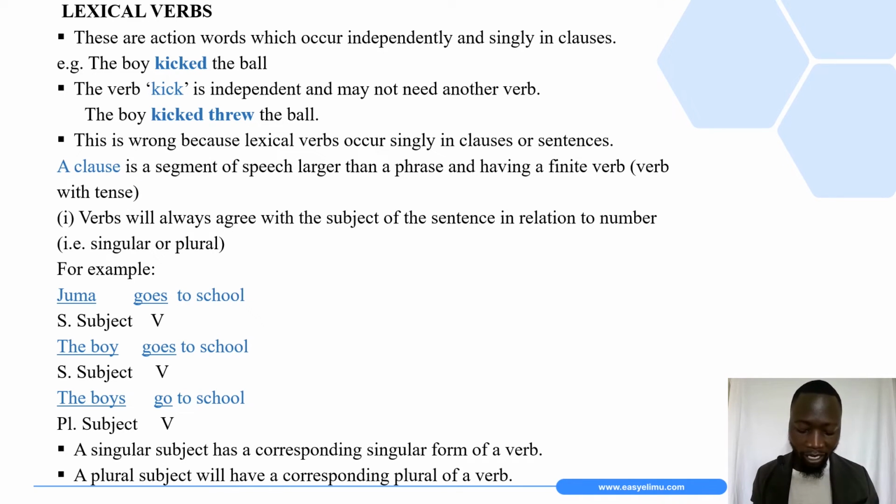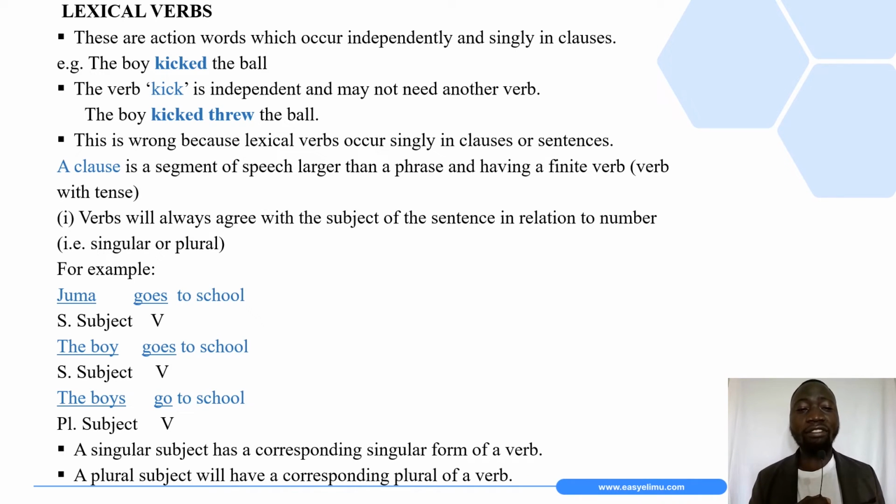So they are called primary verbs because they indicate action. We can say that they show action in sentences.